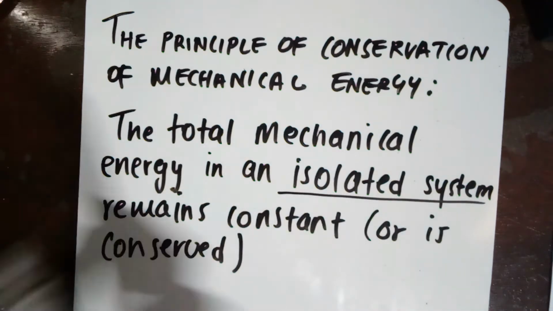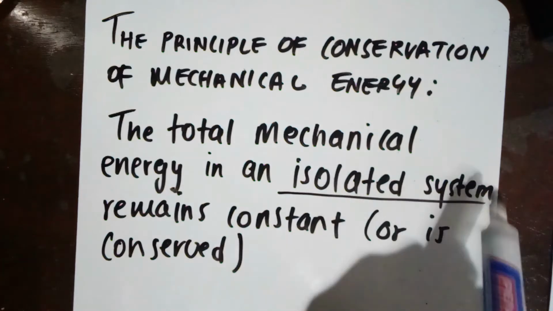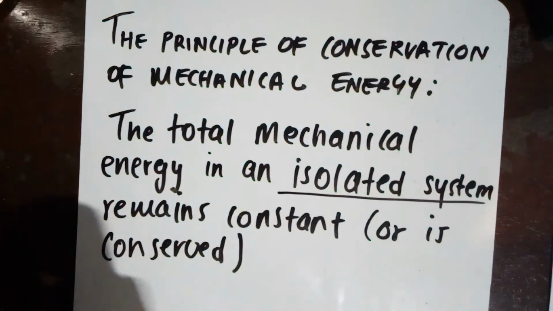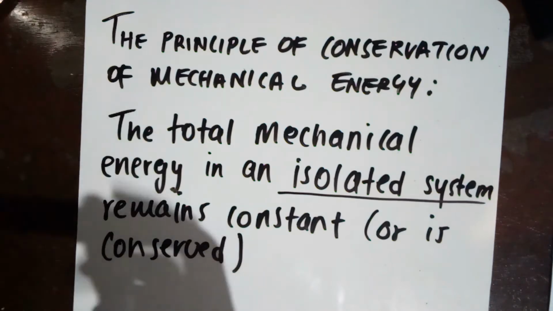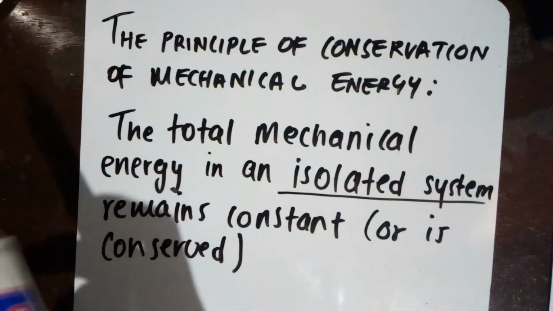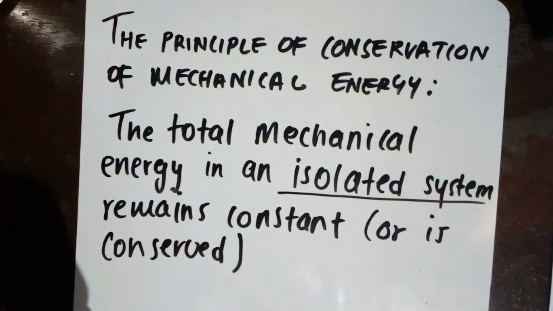The law of conservation of mechanical energy applies when there is no friction. So remember, in an isolated system, we don't consider the effect of external forces. So we said that friction, for example, is an external force or even air resistance in this case. So there is no friction or air resistance acting on the object.